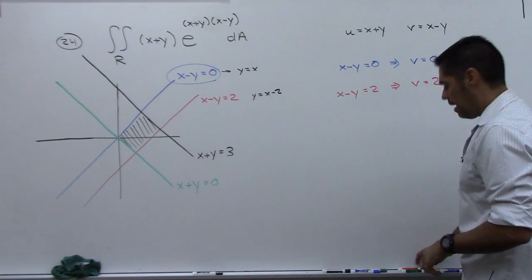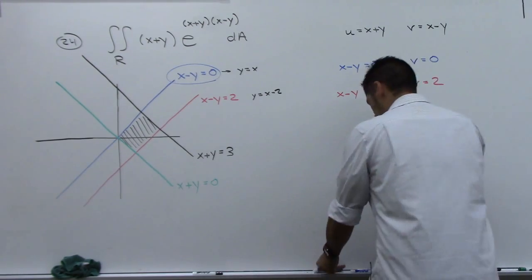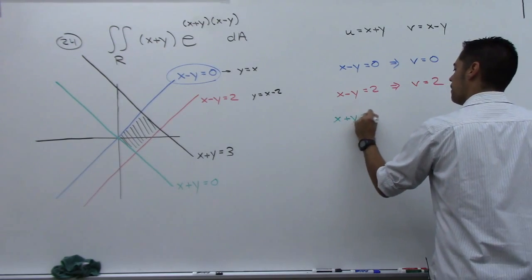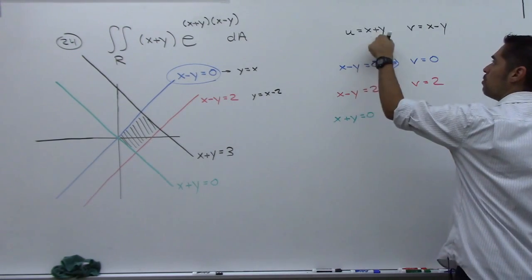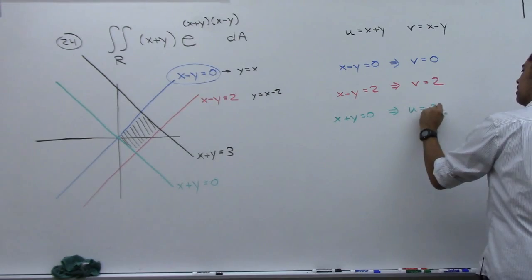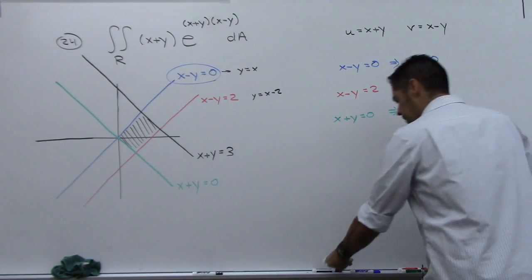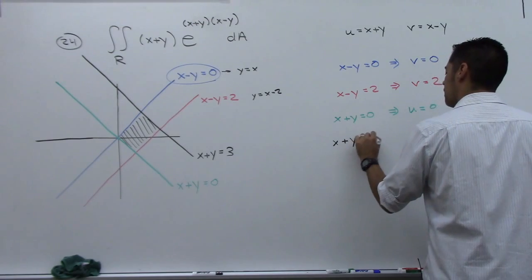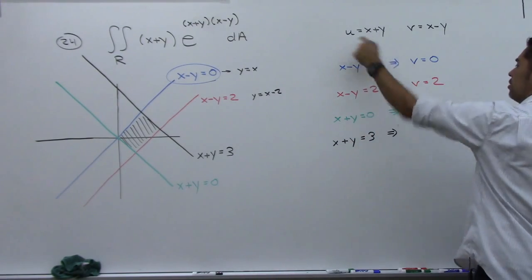If I look at x plus y must be 0, well, that implies x plus y is u, so u must be 0. And if I look at the last one, x plus y must be 3, that implies that u must be 3.